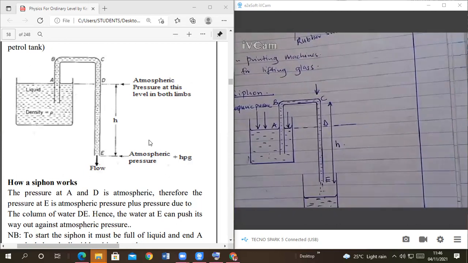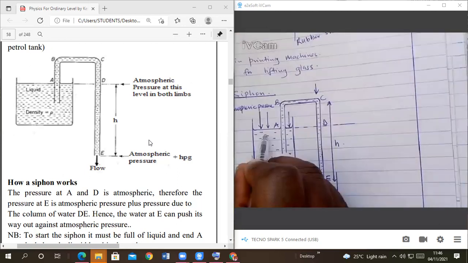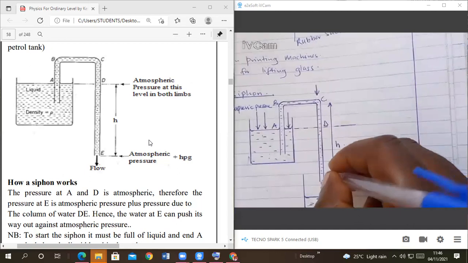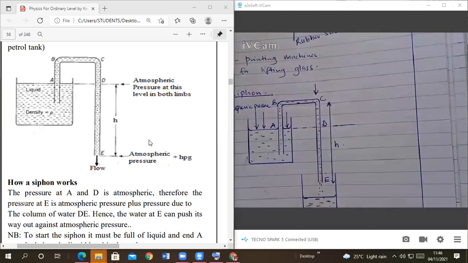Okay, so there are two things here. The atmospheric pressure makes it rise, and then what makes this water fall down? One is the weight of that water or the gravitational force, and the other one is also due to the atmospheric pressure.